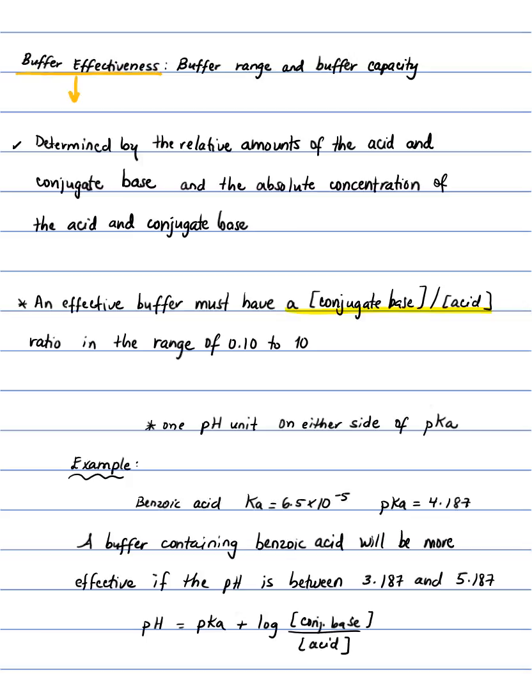So to find out, you can plug numbers into your equation. This is the Henderson-Hasselbalch equation. You can plug in a pH value of 5, you have your pKa value, and then you can solve for the ratio of conjugate base and acid that you need to have a pH value of 5, for example.